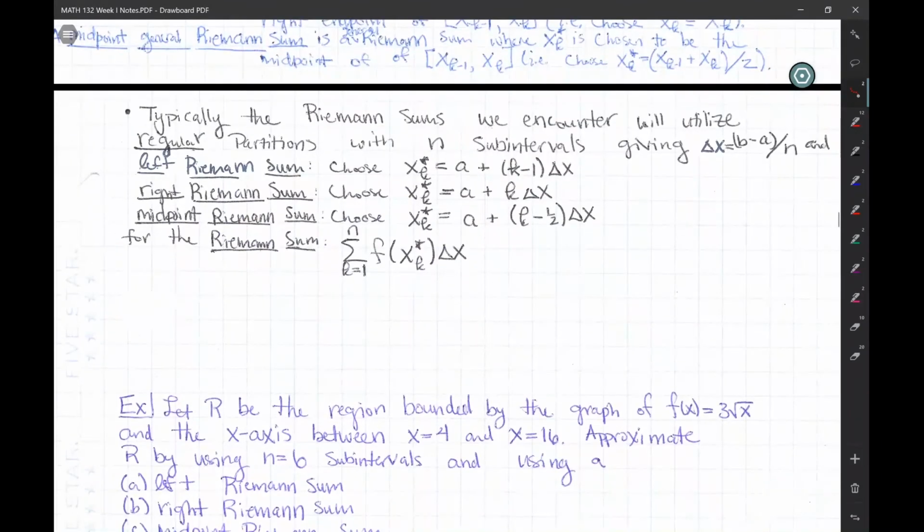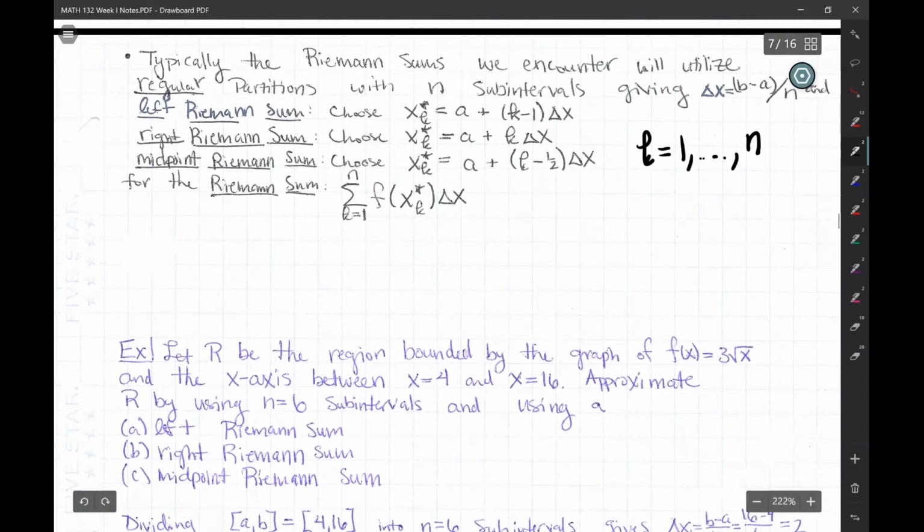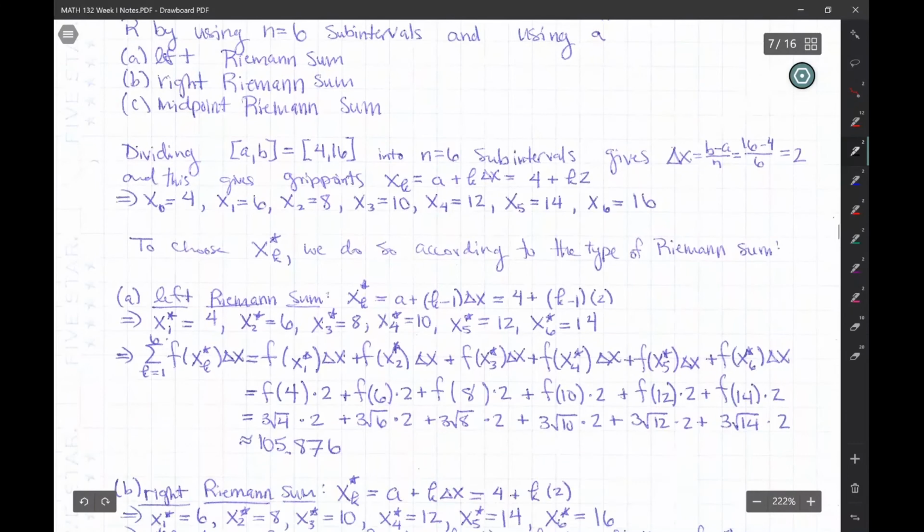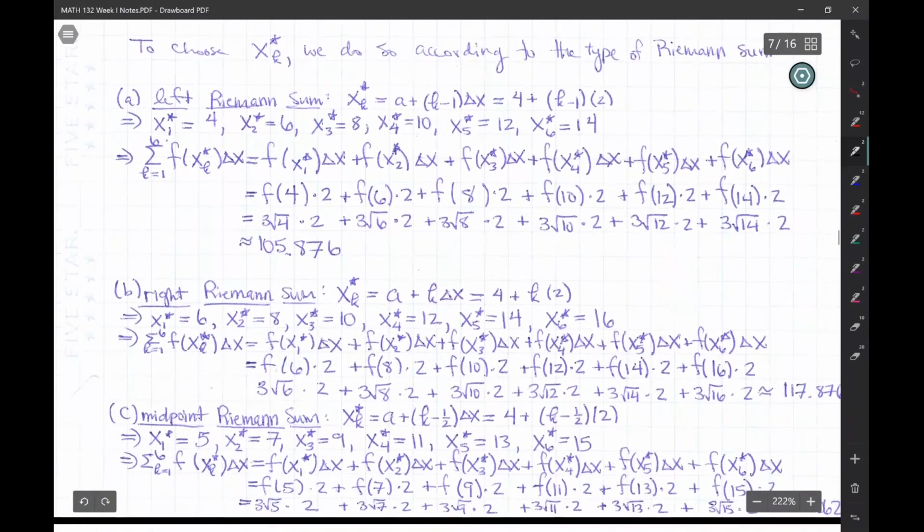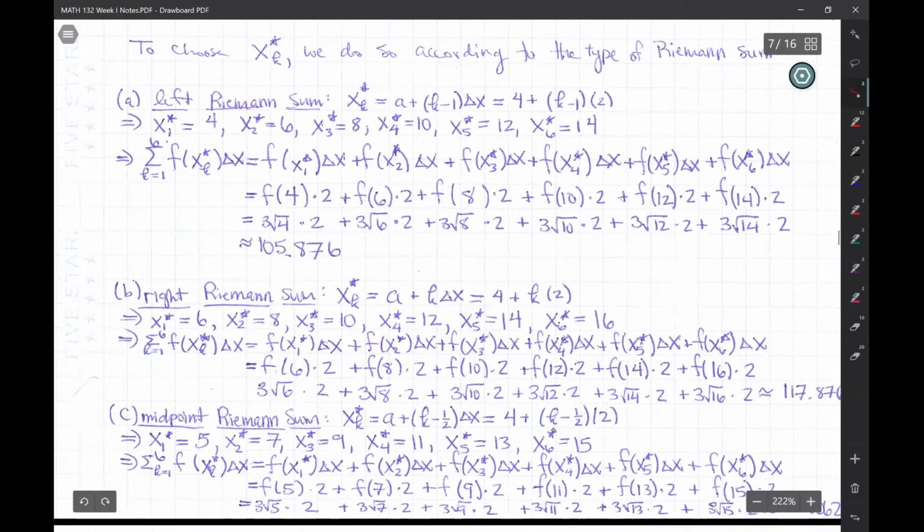So here we should have that k is going from 1 up to n, the number of partitions. Okay. So say using that formula for the first one, we would have k equals 1.